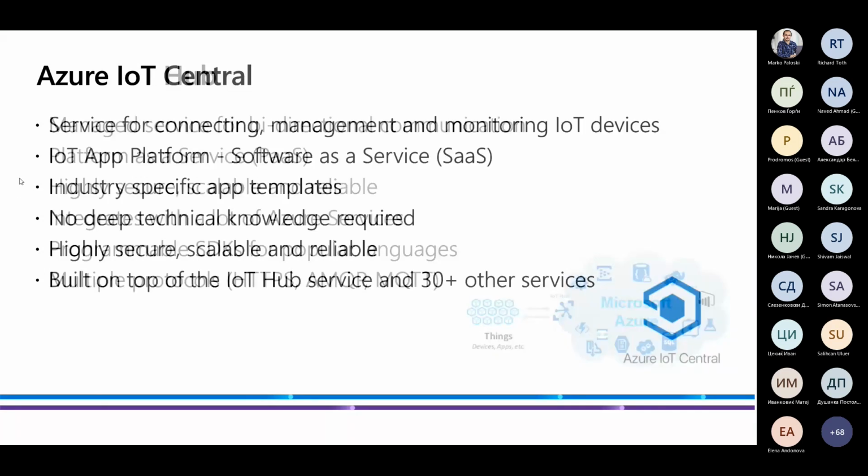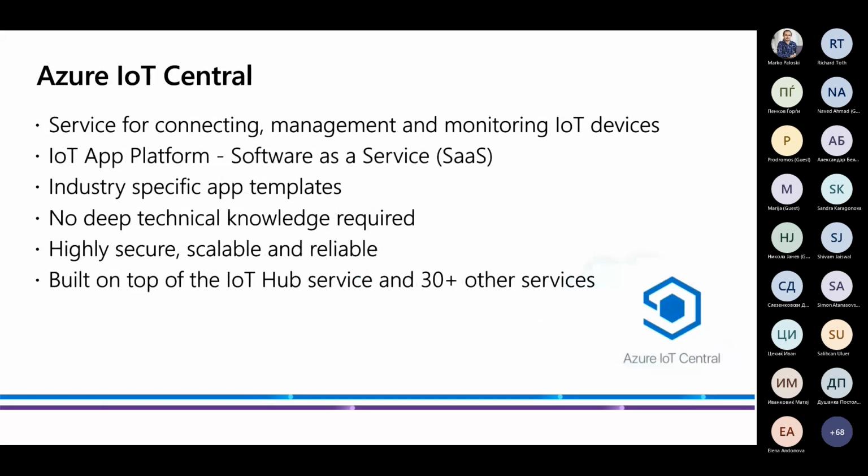Now we can see Azure IoT Central. Azure IoT Central is similar to Azure IoT Hub, with the difference that IoT Central is not a custom solution. This solution offers you communication with your devices too, but has specific templates. It's essentially built on Azure IoT Hub, though.